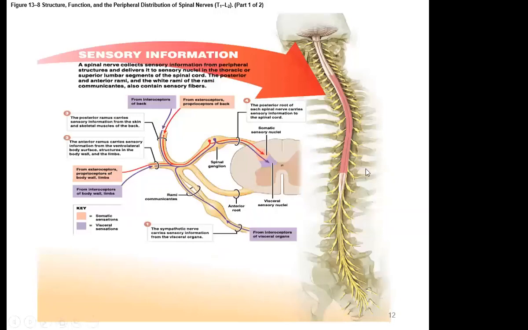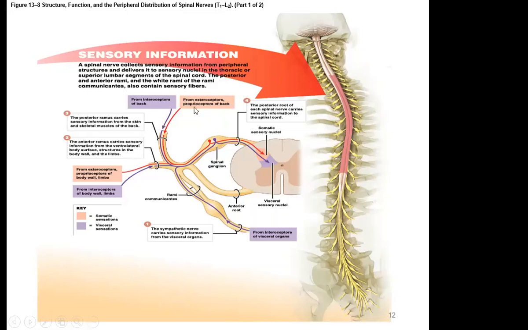So this is representing for you kind of what we talked about a little bit in regards to sensory information coming in and motor information going out. So let's walk through this. You can see here it says the spinal nerve will collect sensory information from the peripheral structures, remember, from the periphery, so like out towards our fingertip in our example.